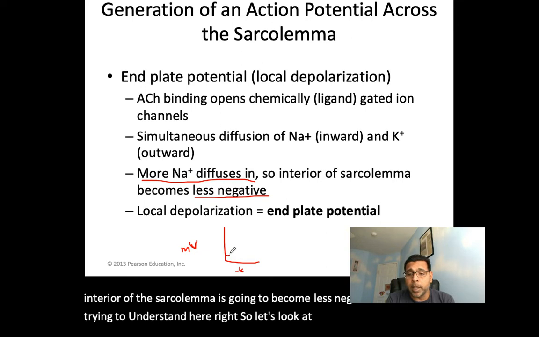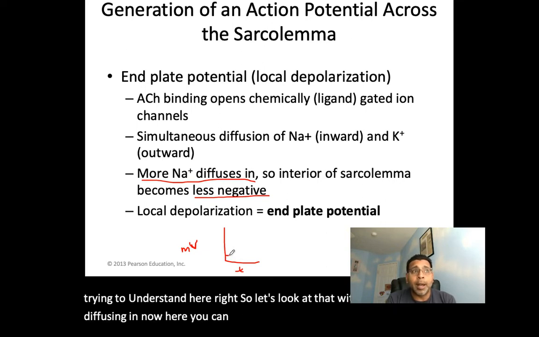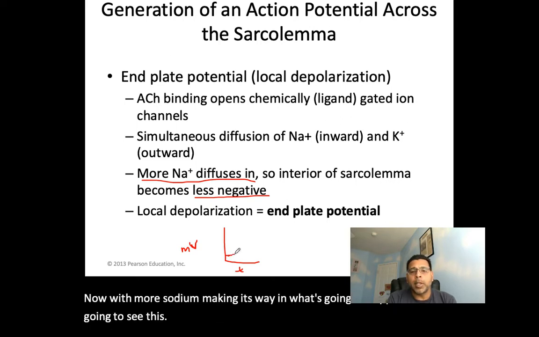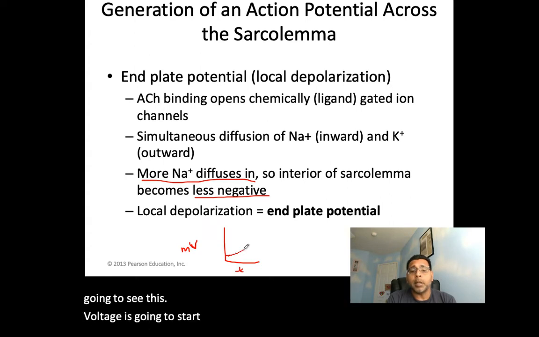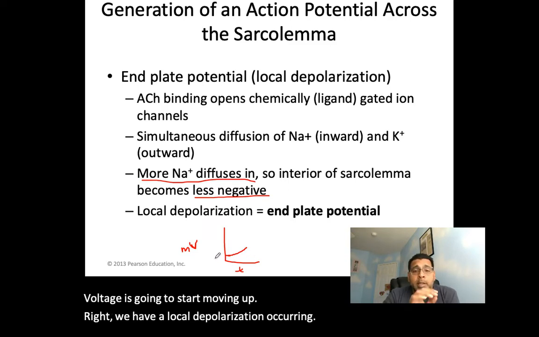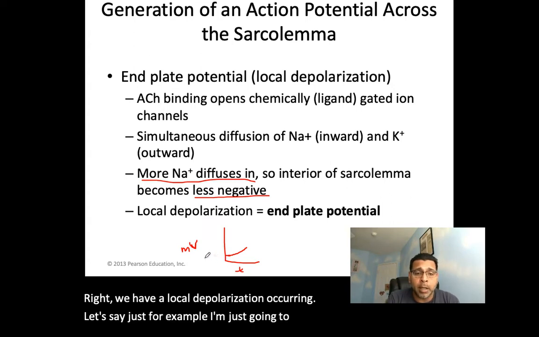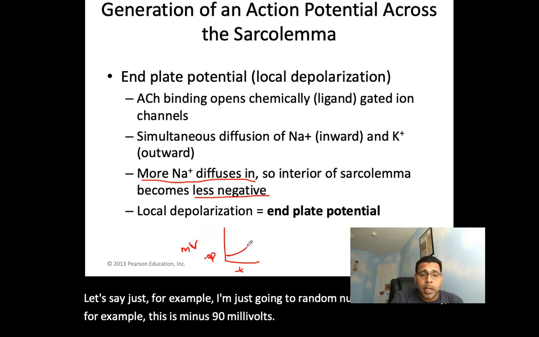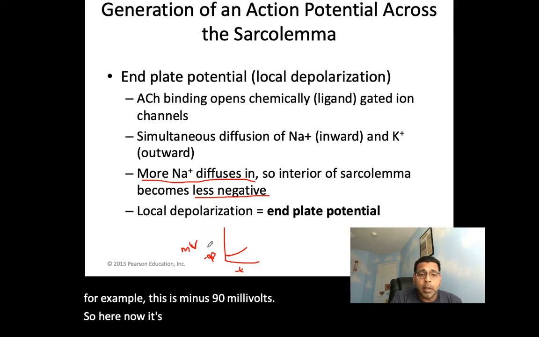With more sodium diffusing in, from resting, we're going to see this voltage start moving up. We have a local depolarization occurring. Just for example, I'll throw out a random number. Let's say this is minus 90 millivolts, and now it's moving towards, let's say, minus 60.